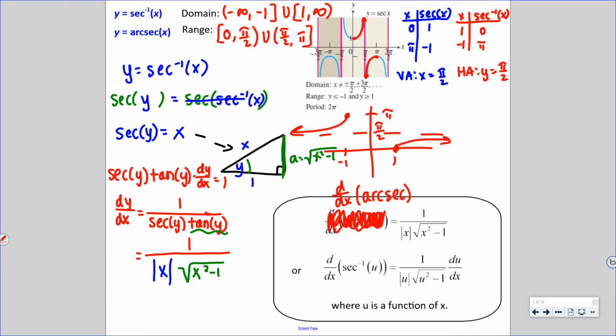And this one, just applying chain rule. I need to write this one. Do we need arc secant of x? Yes, thank you. Same thing for this one. Good catch. Arc secant of u for the second one.